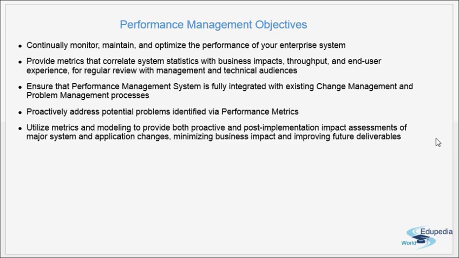So keeping that in mind, you have to make changes to your system now and then, whether it's hardware or ABAP program tuning or whatever it is, to improve the performance. Now, you have to provide metrics that correlate system statistics with business impacts, the throughput, and end user experience, for regular review with management and technical audiences.